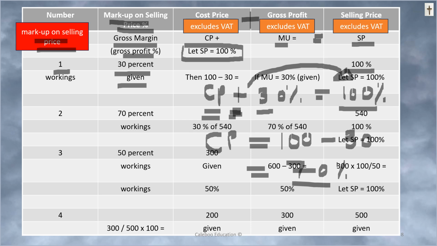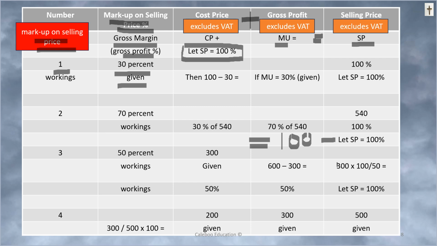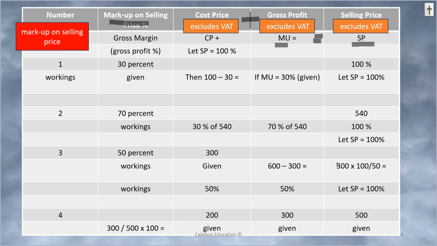In number 1, I didn't use actual numbers, I used percentages. So let's have a look. Remember, the markup is on the selling price. So when it's markup on selling price, we let selling price equal 100. In number 1, we're given the markup on the selling price, and the markup on the selling price is 30%.